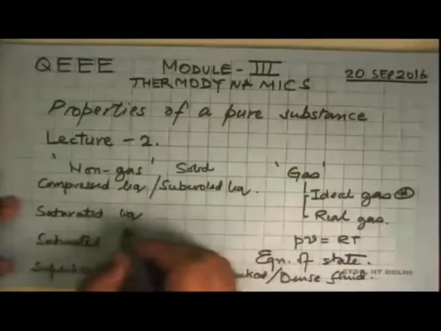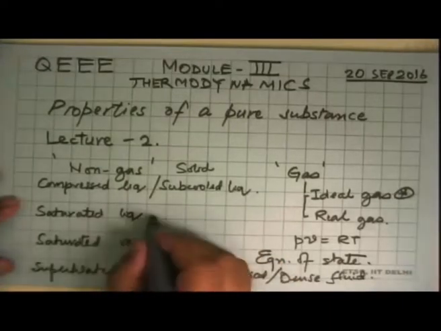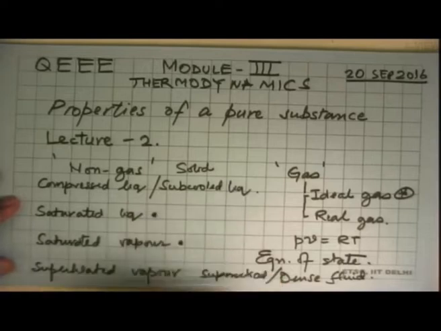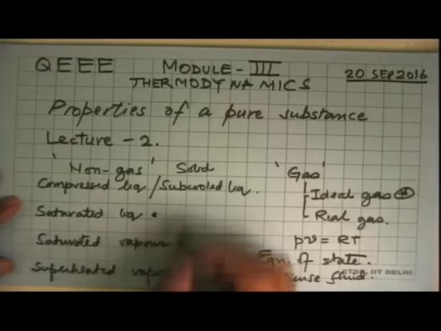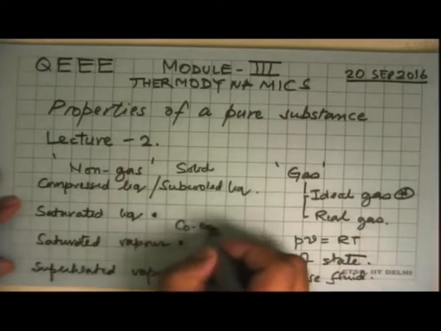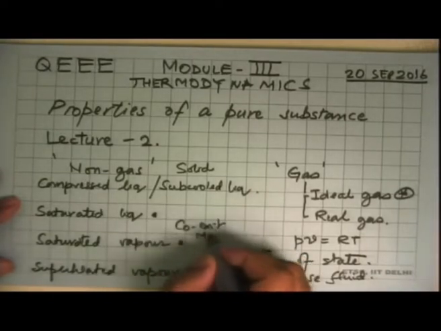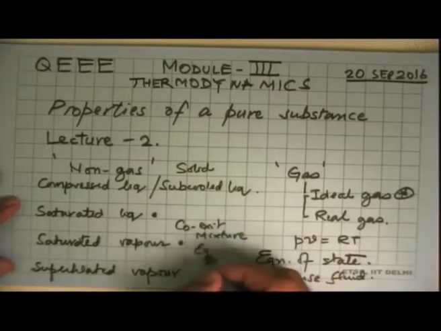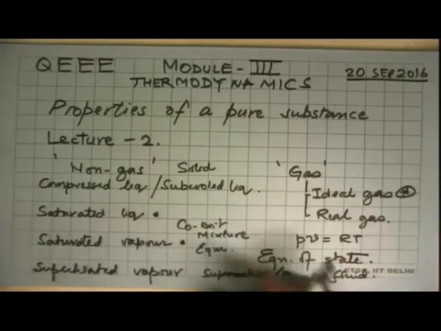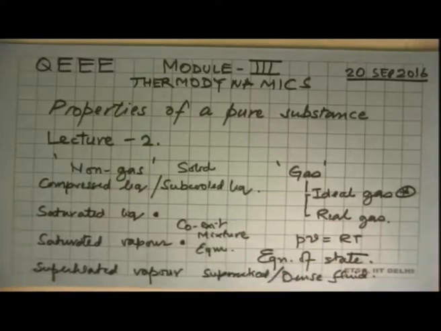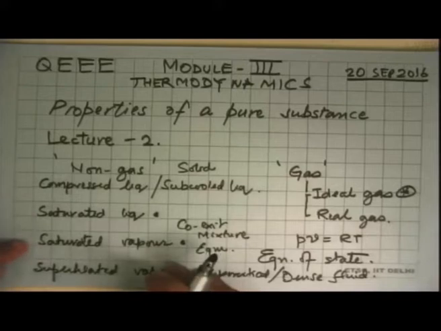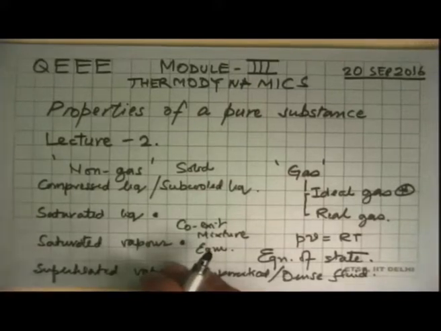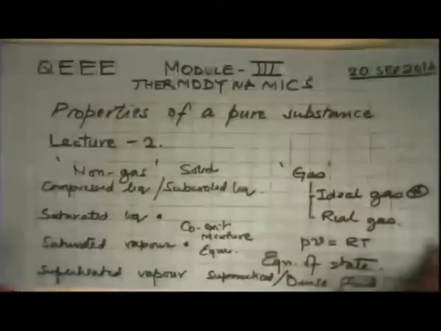Then we came across something which said that the saturated liquid and saturated vapor can coexist as a mixture, as a phase mixture in equilibrium. So any mass fraction of liquid and vapor, if it corresponds to the saturated state, will be there in equilibrium.